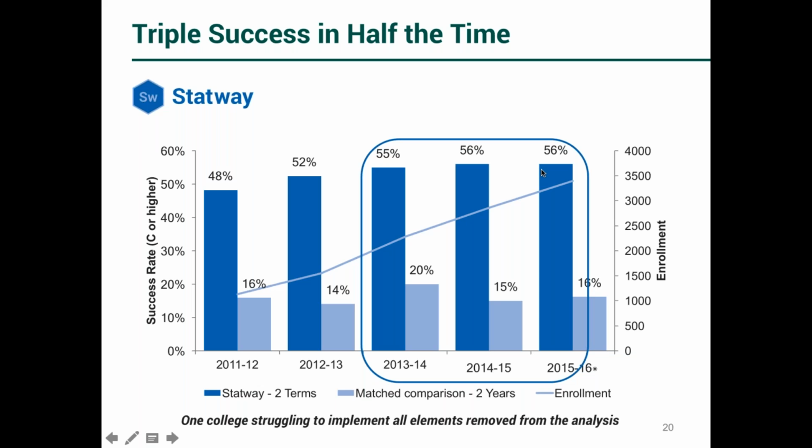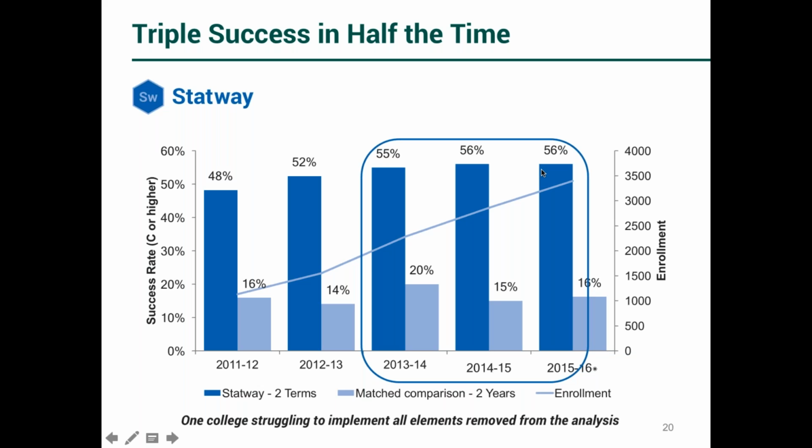And the one element of the design that is particularly challenging for them to implement is the cohort. And earlier I talked about the fact that we have found across analyses in our network that the cohort-based model seems to really be an important factor in improving outcomes for students. And this is just one analysis that points to that.